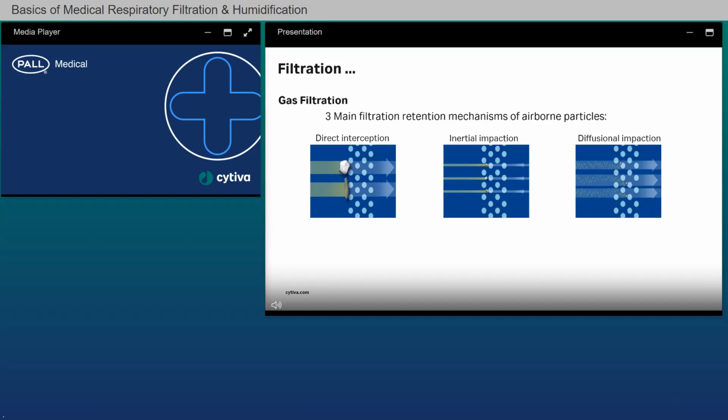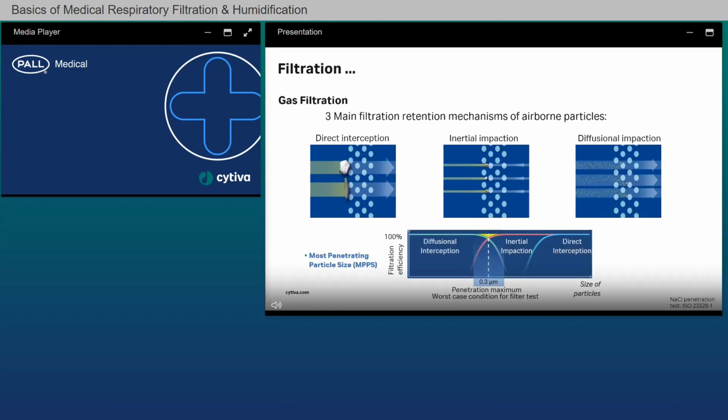He may fit through some of the space between the trees, but he's too fast and cannot change direction fast enough. He'll also end up on a tree. And the diffusional impact is the drunken bicycle rider. He could fit between the trees, but because he's wobbling around, going all over the place, he will hit the trees as well. Well, hope you'll never forget those three effects.